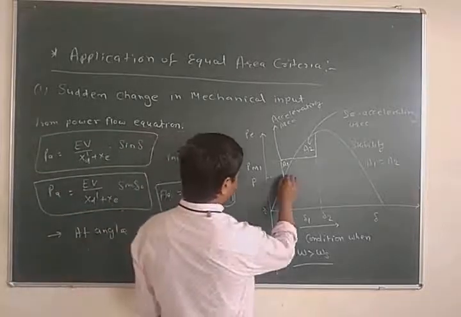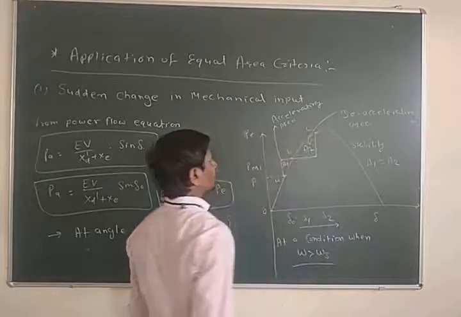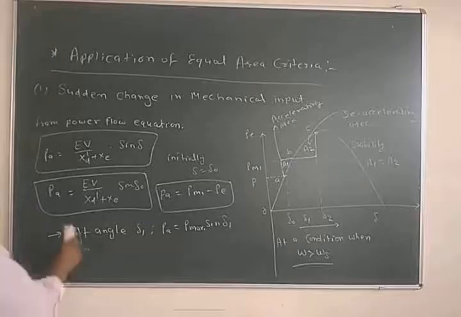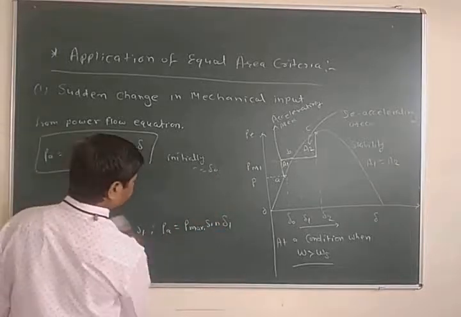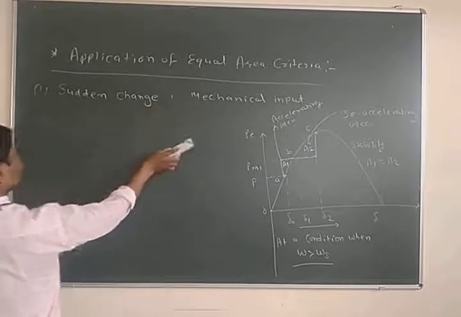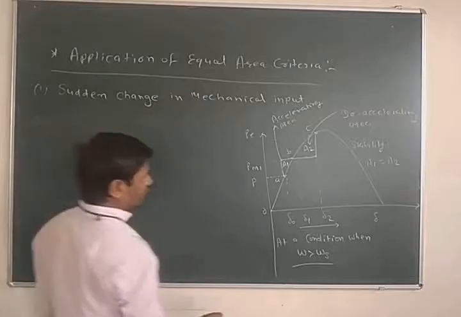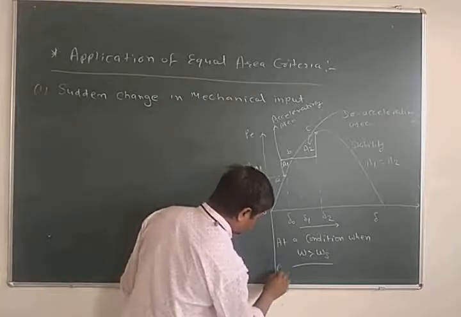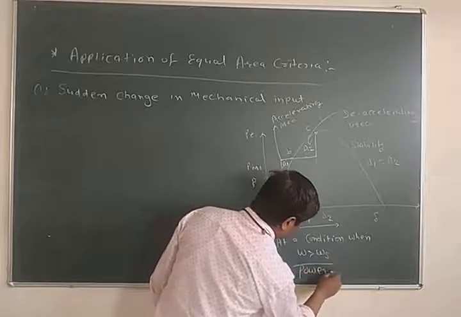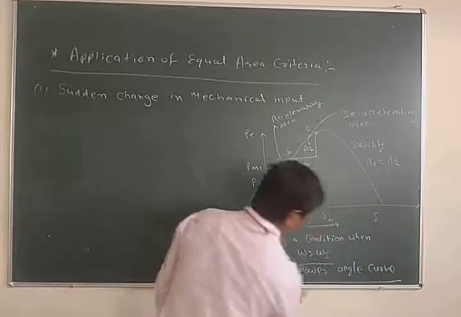Now we can represent this point A, point B, and point number C. Now we write some points about this power angle curve.